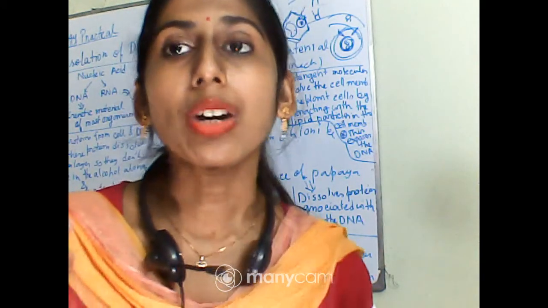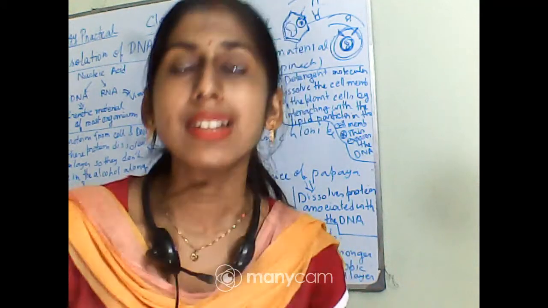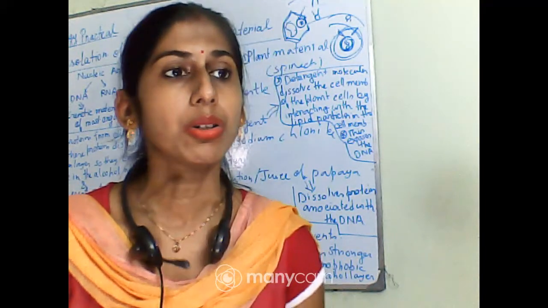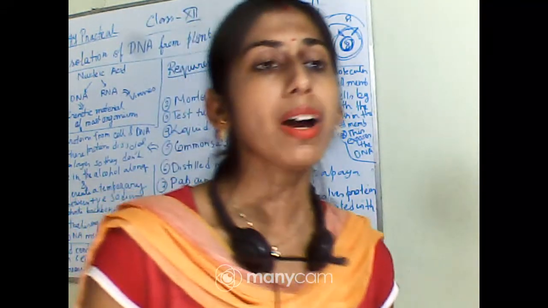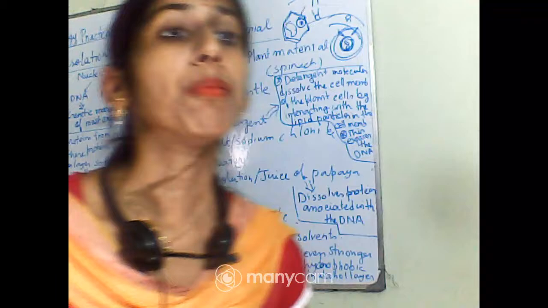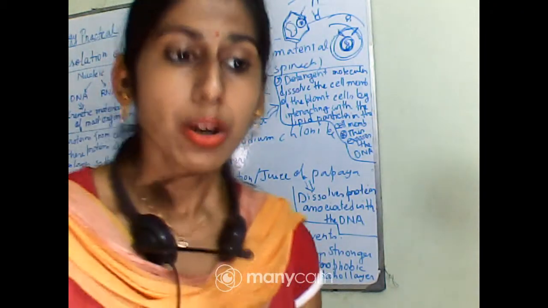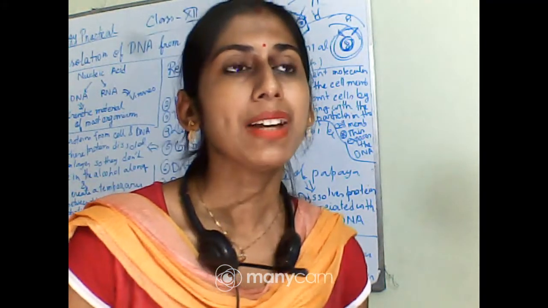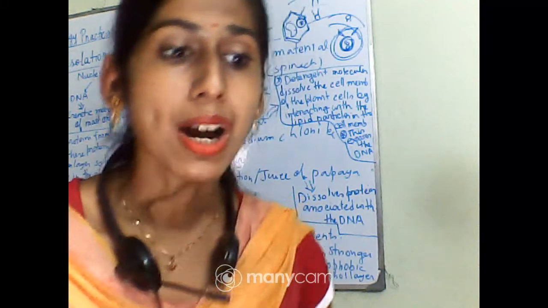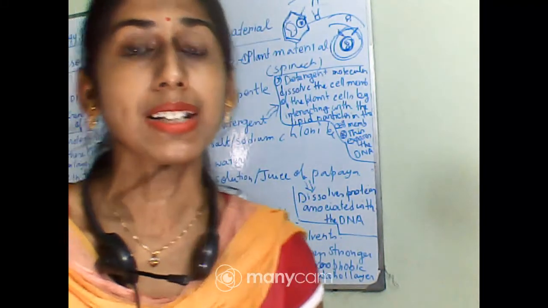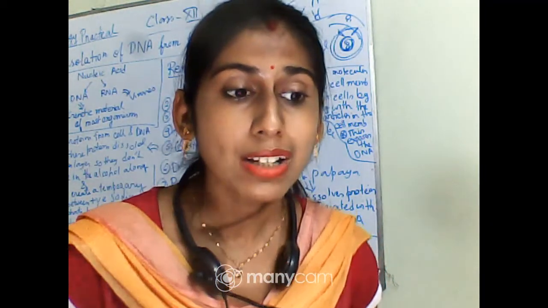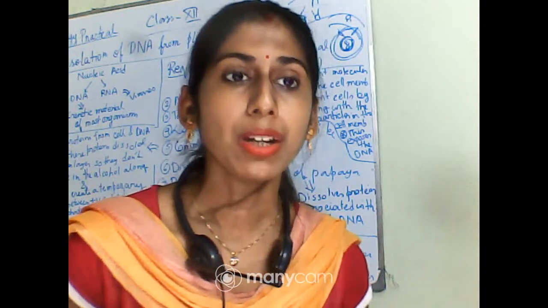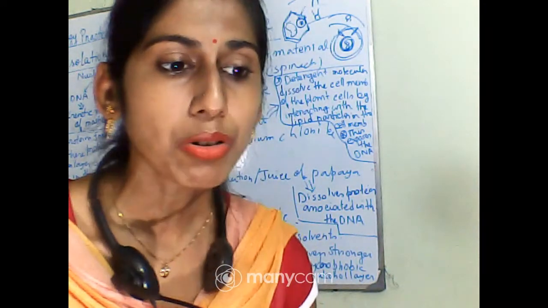Okay, so as these parts are already there in your theory syllabus, in your viva, questions will be asked from both theory and practicals. The questions may be like this: what is pollination, what are the different types of pollination, what is autogamy, what is xenogamy, what is geitonogamy, cleistogamy.